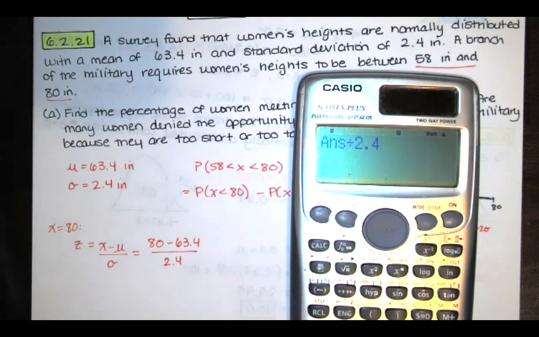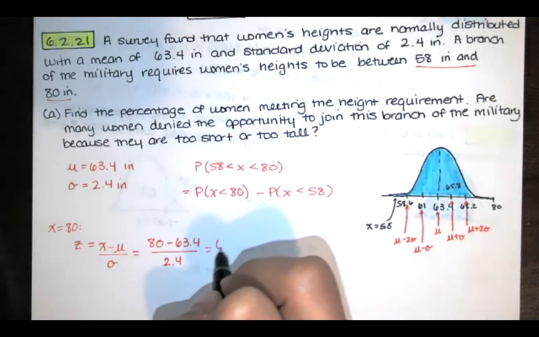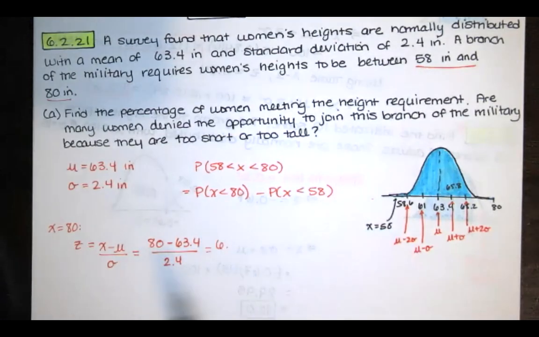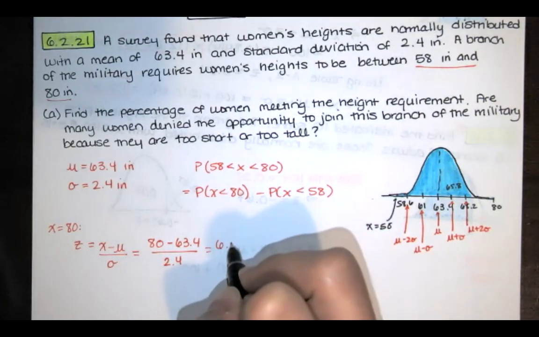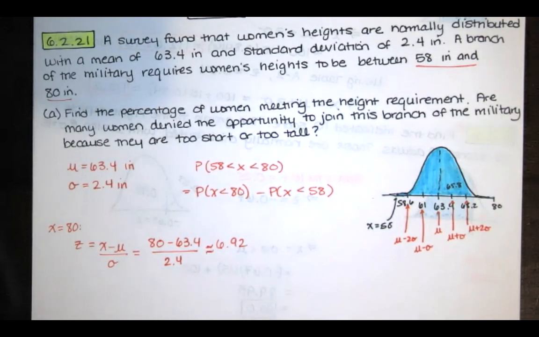How many standard deviations is that? 6.92 approximately, standard deviations above the mean.